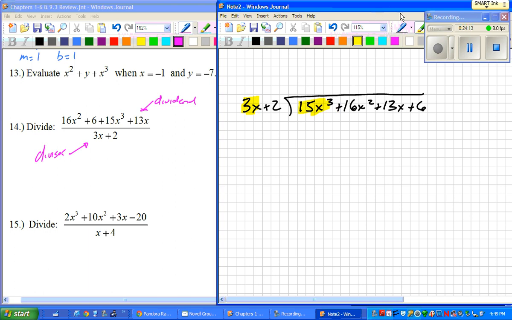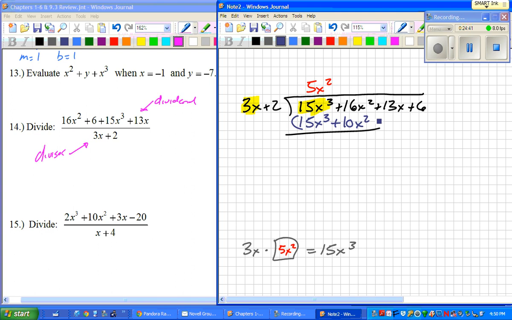Okay, so how many times does the 3x go into 15x cubed? And what you're thinking is 3x times what gives us 15x cubed? And you should be saying, Mr. Grice, that's 5x squared. Because when that happens, you get 15x cubed, and then 5 times 2 is 10x squared.